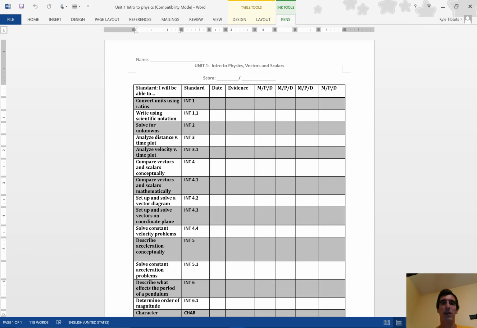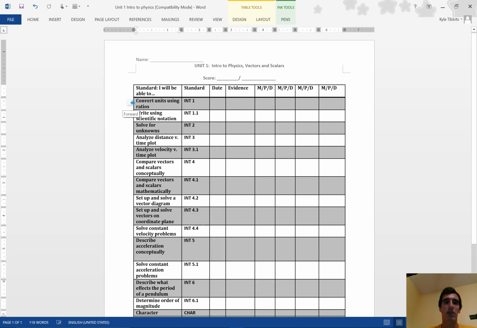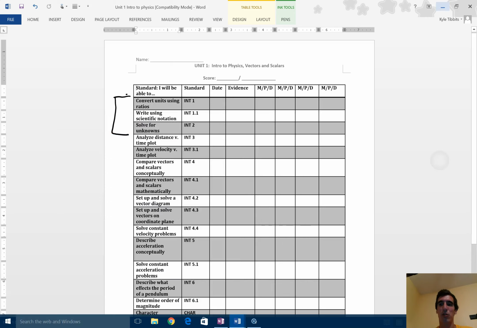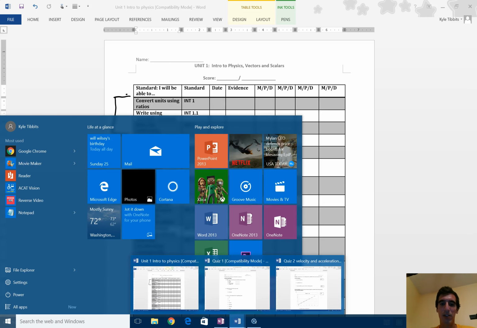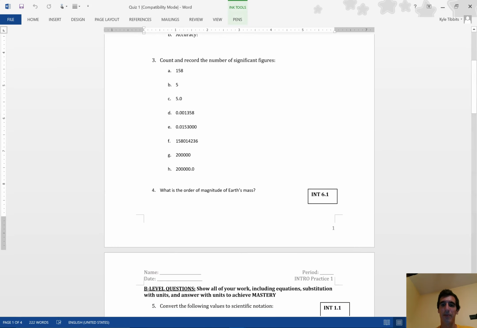So for the first day, what I would do, hopefully this works. The first day, I would look through the basic ones, the first 3 standards. Can I convert units using ratios, write scientific notation, solve for unknowns? Now, since this may be your first time studying for a physics quiz, and you're not comfortable with making your own questions, what I would do is look at your old quizzes or homework assignments.